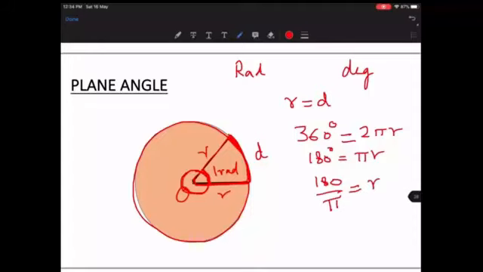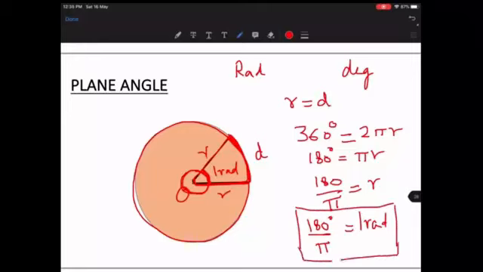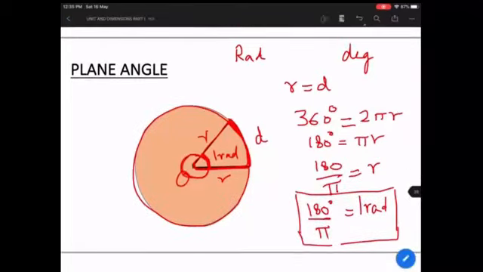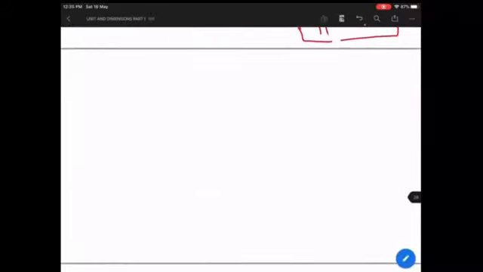So now I know that 1 radian is equal to 180 degrees divided by pi. This is the formula that I will be using anytime I convert degrees into radians or radians into degrees.